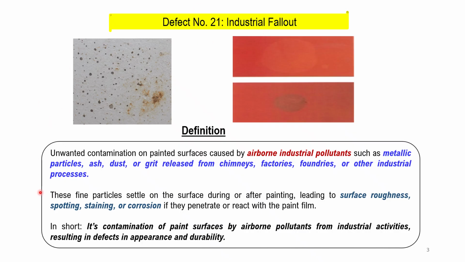These fine particles settle on the surface during or after painting, leading to surface roughness, spotting, staining, or corrosion if they penetrate or react with the paint film. In short, it's contamination of paint surfaces by airborne pollutants from industrial activities, resulting in defects in appearance and durability.